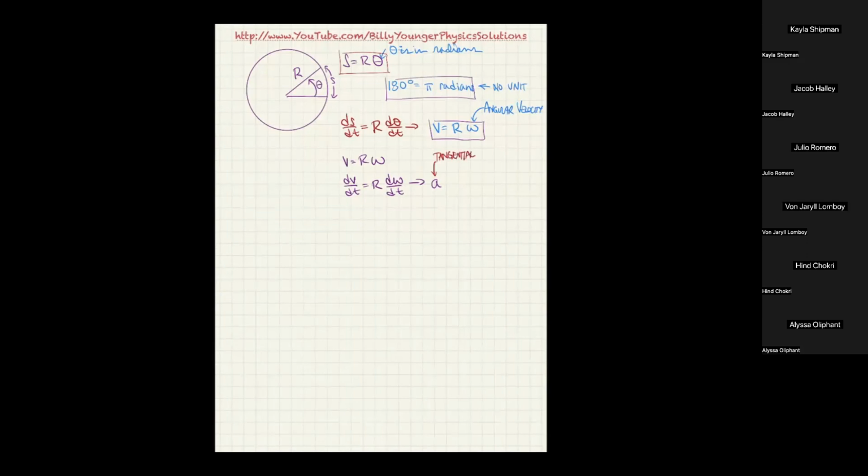So if you're driving in a circle, it's how much you're speeding up or slowing down. And that's equal to, of course, r times the angular acceleration, alpha.